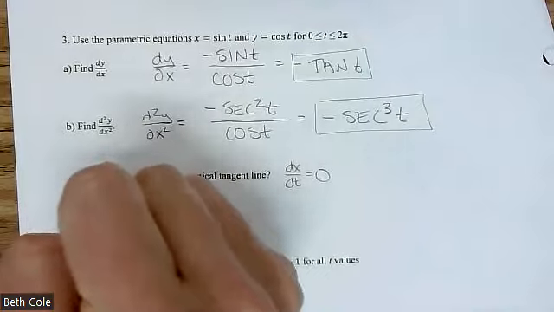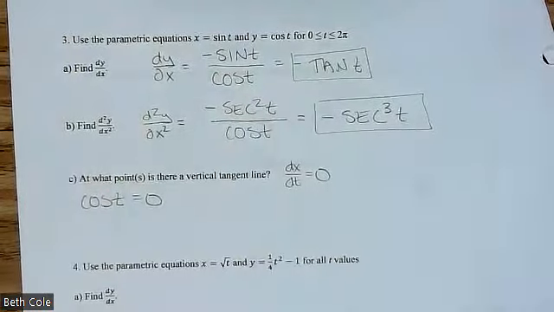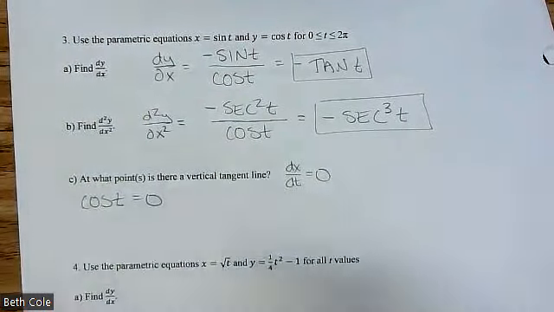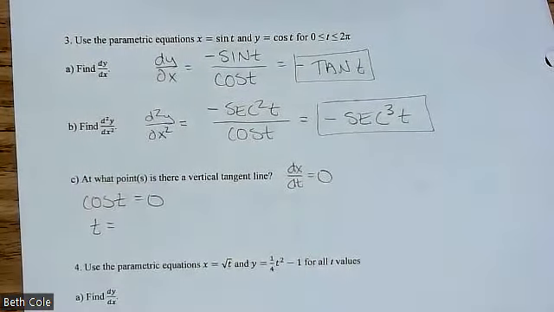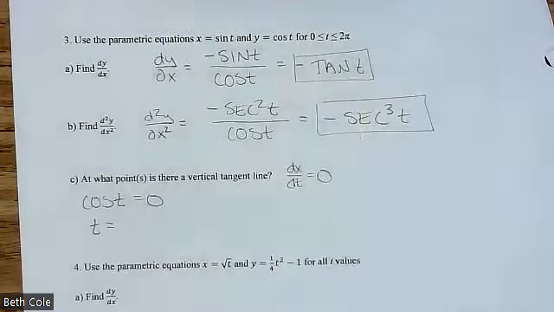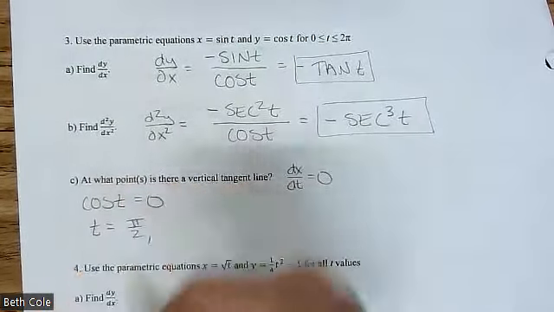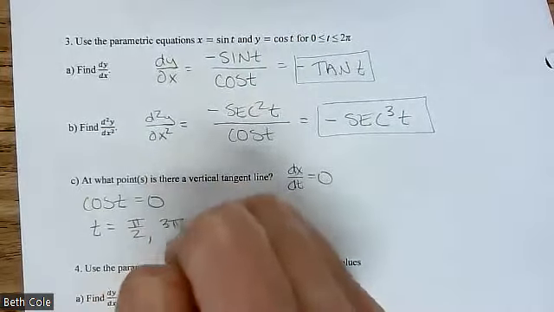So cosine equals 0. And we're going to have to find t values where cosine is 0, and it's just once around your unit circle. Cosine's x, so where would that be 0? Pi over 2 and 3 pi over 2.